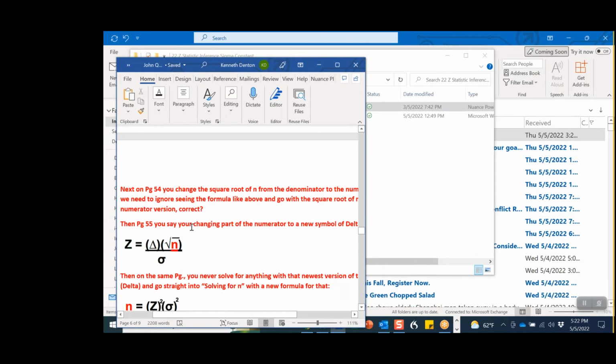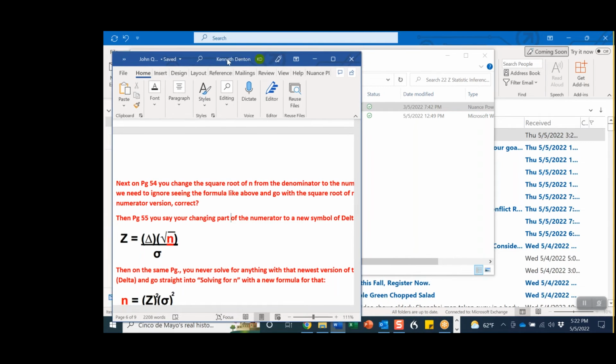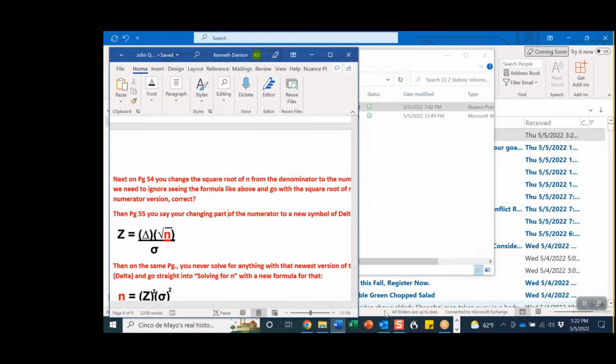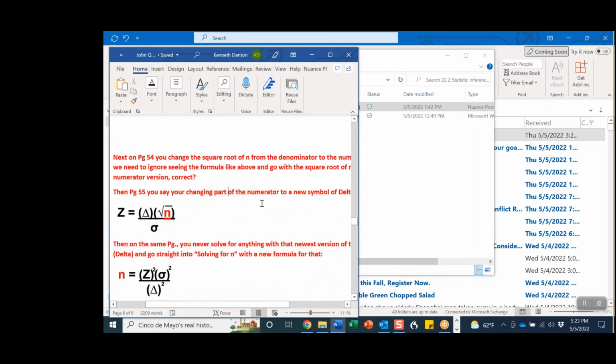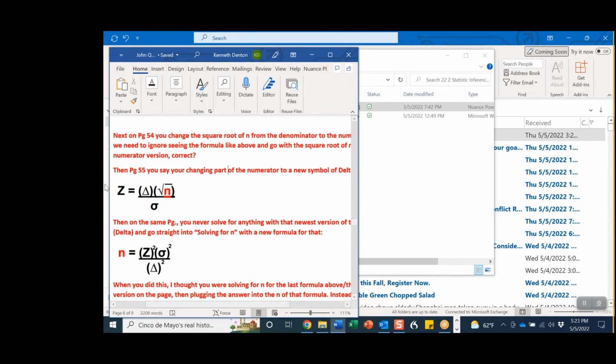So 54. Then on page 55, here's where I got confused. You were going over that formula, and then on page 55, you take that formula that I just showed you, and you say you're going to simplify it and start using this symbol here.